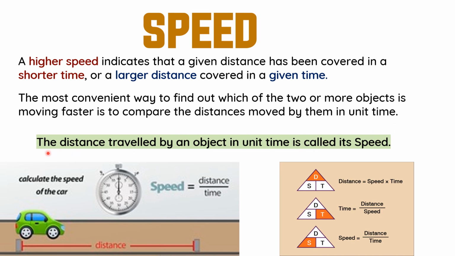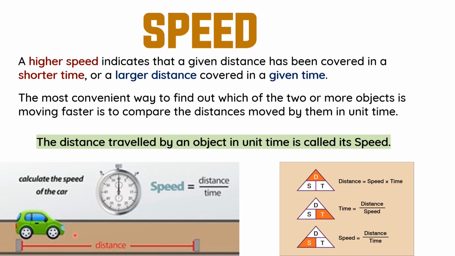I'm repeating once again: when you are considering speed, two terms must come to your mind: speed, distance, time. The distance traveled by an object in unit time is called its speed.